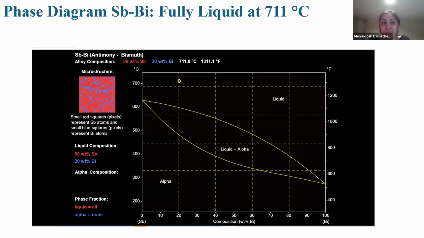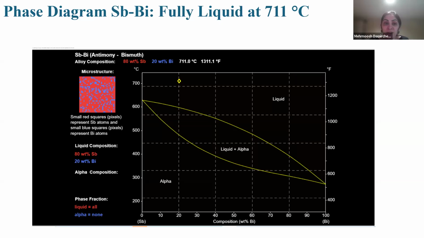Okay. Here is the phase diagram of Sb-Bi, a binary phase diagram. We have three phases: liquid, alpha, and alpha.